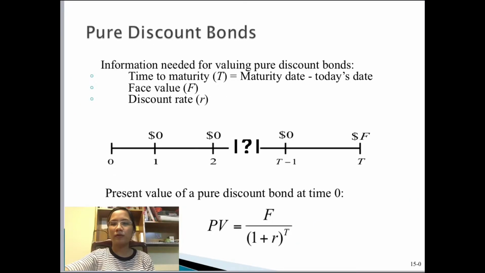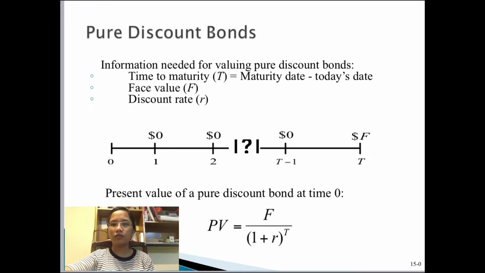So move to pure discount bonds. With this bond you don't have to pay interest, and you just have to pay back the face value of the bond. The information to determine the value of this bond consists of the time to maturity, the face value, and the discount rate.